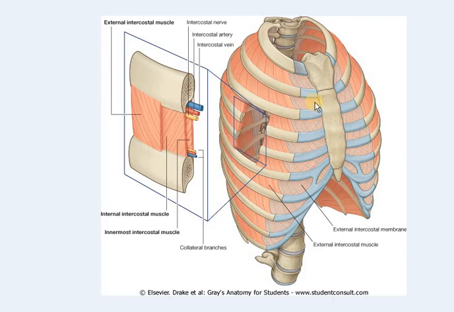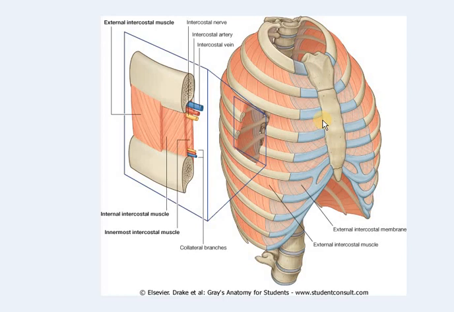So in this area you can find the anterior intercostal membrane, not the external intercostal muscle, because the external intercostal muscle extends only up to the costochondral junction, up to this line. When you remove this external intercostal muscle and the anterior intercostal membrane, you can find the internal intercostal muscle. The internal intercostal muscle extends from the lateral border of the sternum to the angle of the rib.